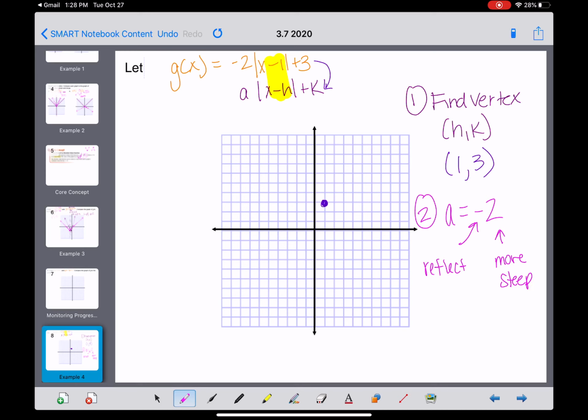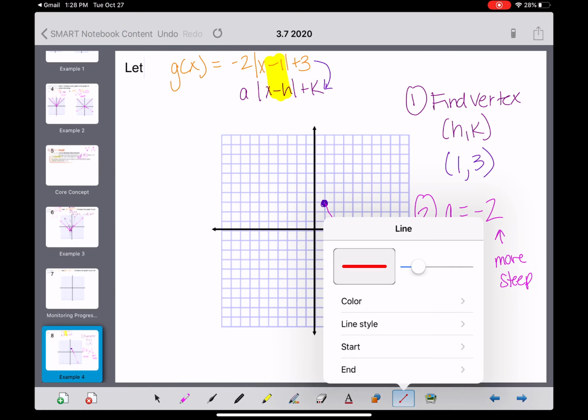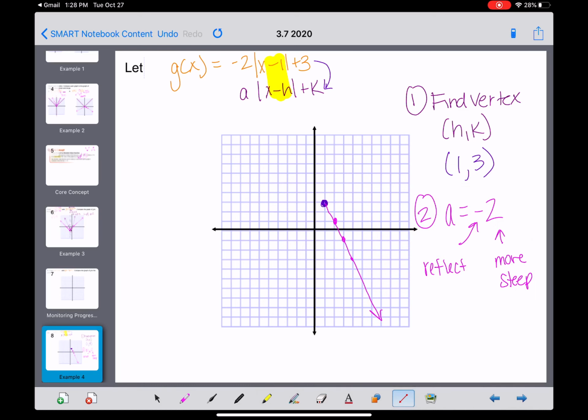So at my vertex, I'm going down 2 over 1, down 2 over 1. That is going to be reflected across the vertex. So down 2, back 1, down 2, back 1.